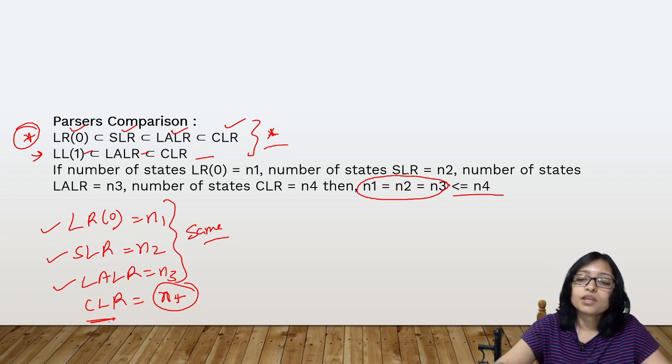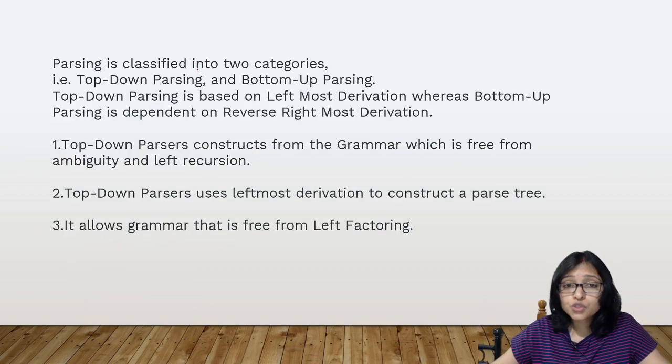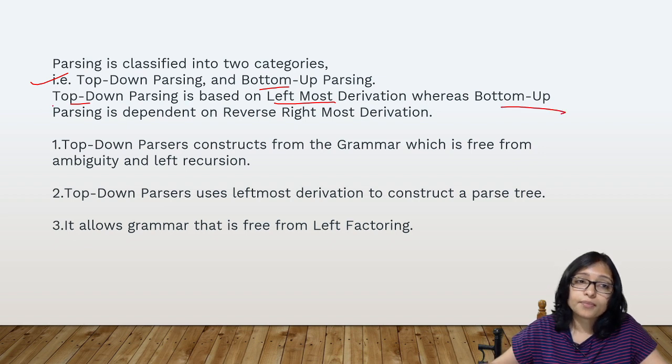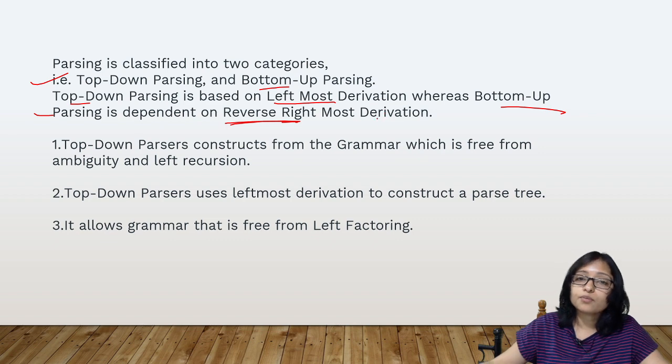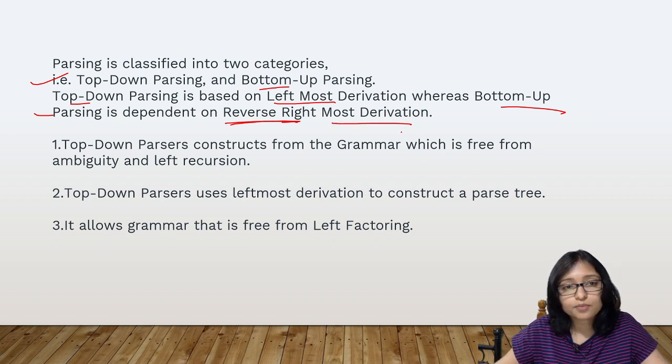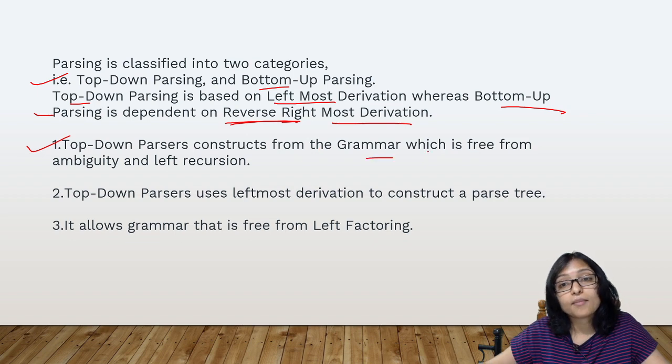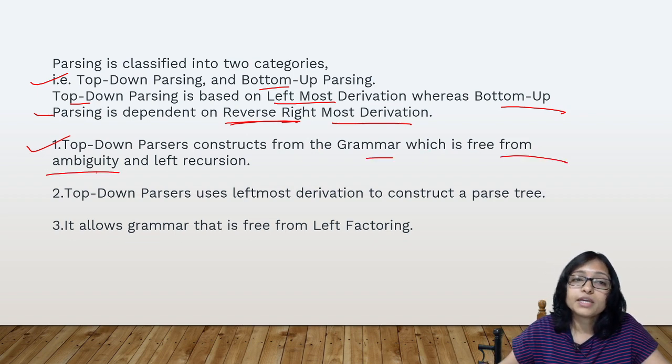Remember that. Next one. So here I already told this: top-down parsing, bottom-up parsing. Top-down is leftmost derivation, and bottom-up is the reverse of the rightmost derivation. Okay, so the top-down parser constructs grammar free from ambiguity.